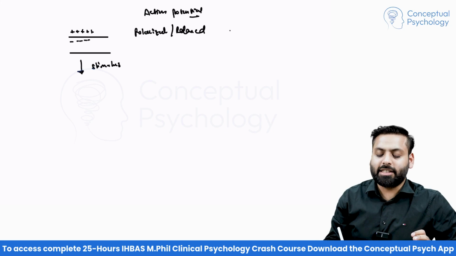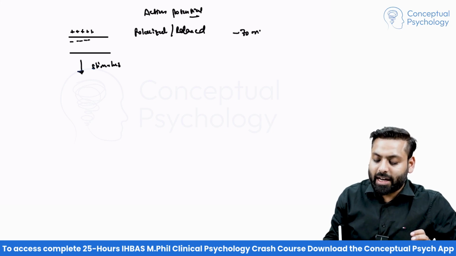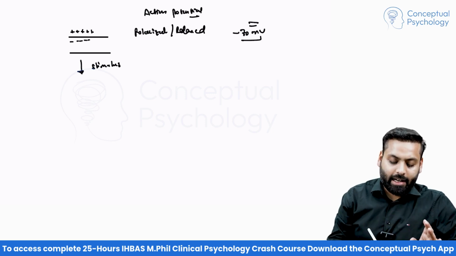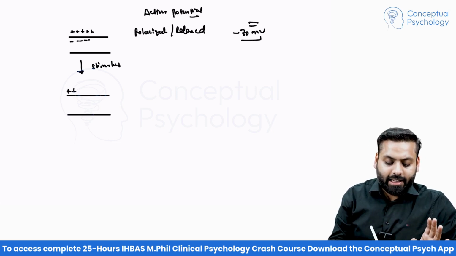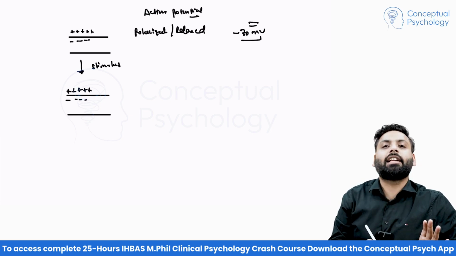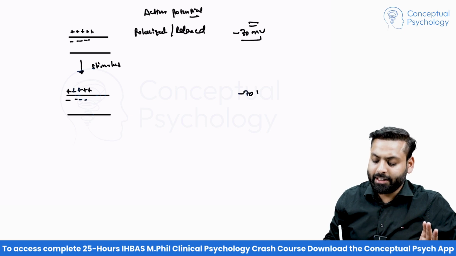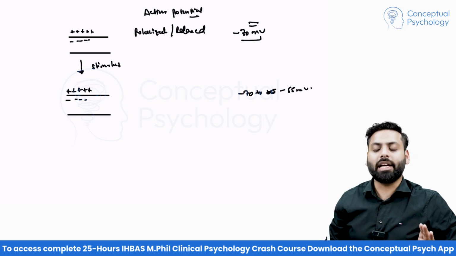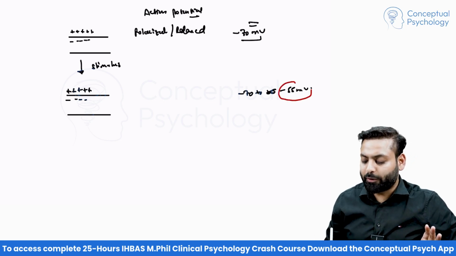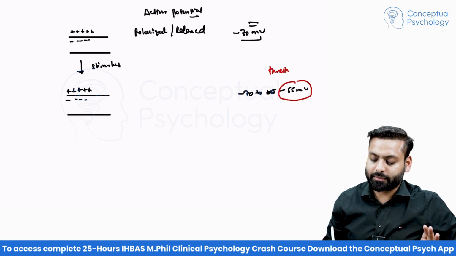As soon as the stimulus is given, the nerve which was at minus 70 millivolts, now it changes, and still there is outside positive, inside negative, but it changes from minus 70 to minus 55 millivolts. Okay, this minus 55 millivolt is the threshold point.